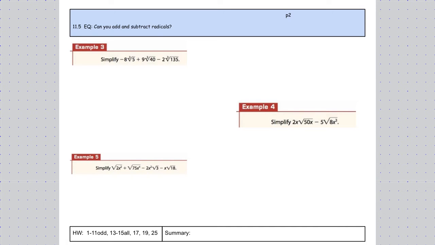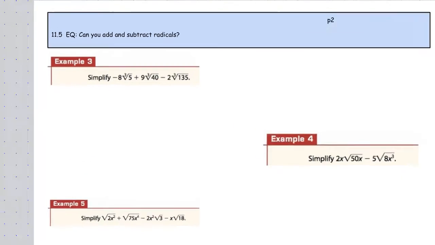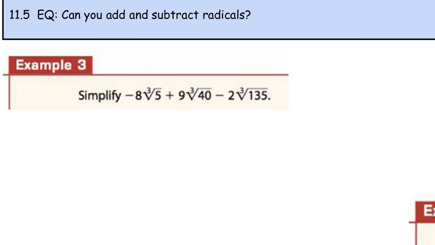Okay, so the ones on this slide look a little bit trickier. Same rule though, it has to have the same index and it has to have the same radicand. Well first of all, none of the radicands in example 3 match yet, but the indexes do.